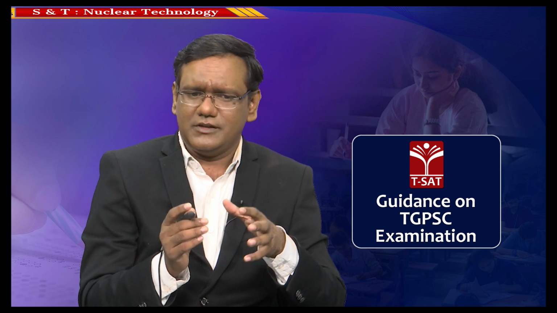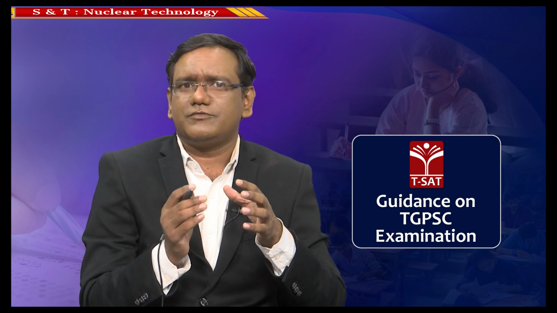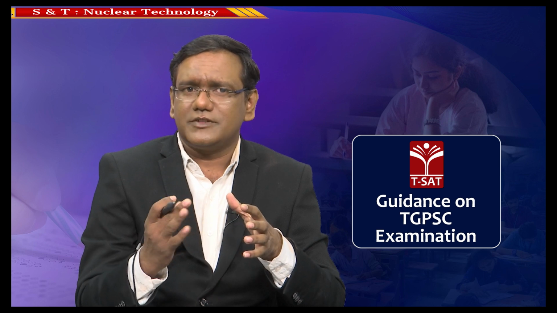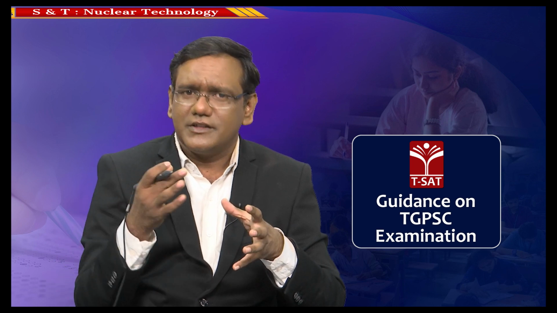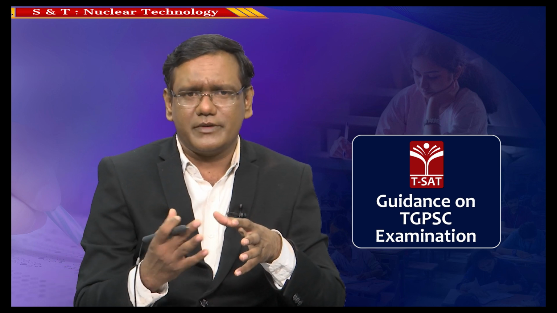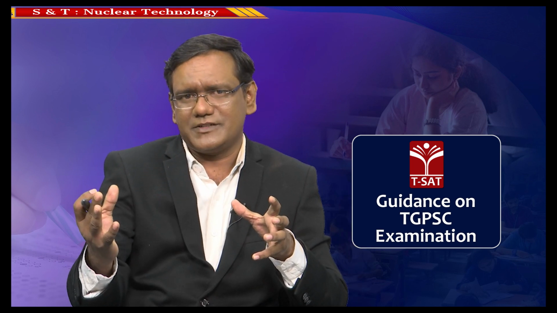How you produce this steam is a different thing. If you use coal for producing the steam, we call this a thermal power plant. If you use the nuclear reaction to produce the steam, we call this a nuclear power plant.